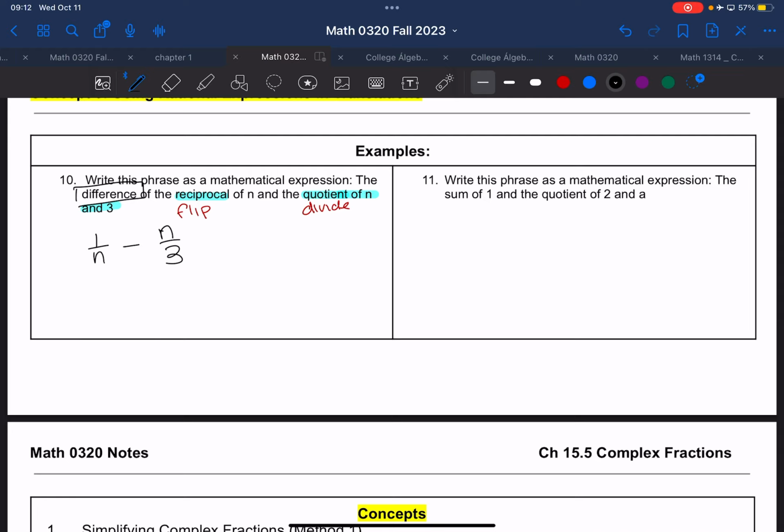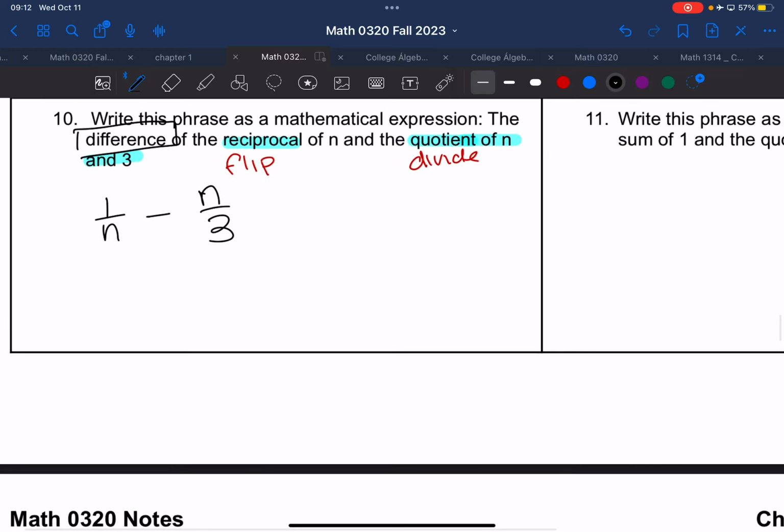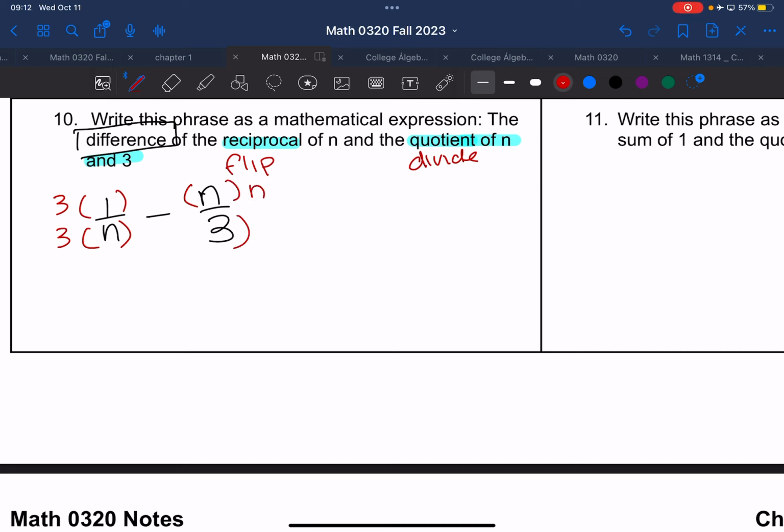What would the common denominator be for n and 3? 3n, right? Because the first one is missing a 3, and the second one is missing an n. So when we multiply together, we now have the common denominator of 3n.